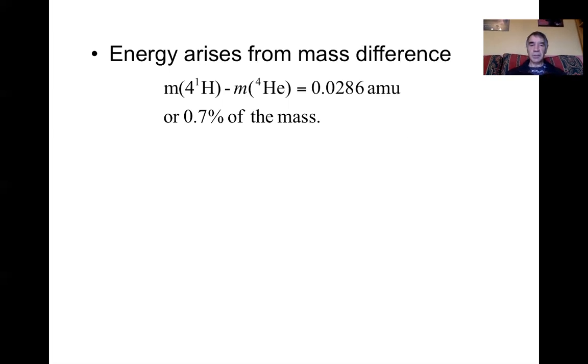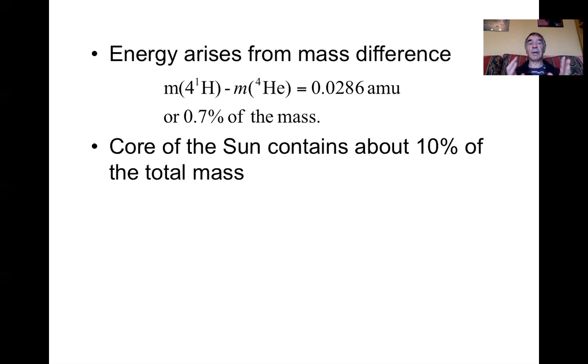So it's only 10% of the total mass of the sun, in the core, where the fusion is going on. That gives us the total amount of mass of hydrogen available. Let's just keep assuming the sun is pure hydrogen for the moment. That allows us to now complete this calculation.